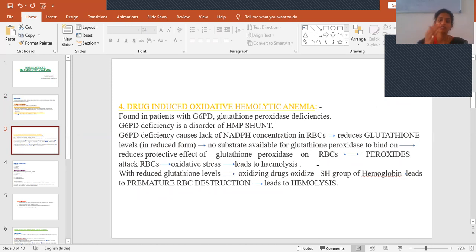That means it will damage or destroy the red blood cells. During that process, peroxides will be produced. These peroxides will attack the red blood cells directly by oxidative stress and lead to hemolysis.